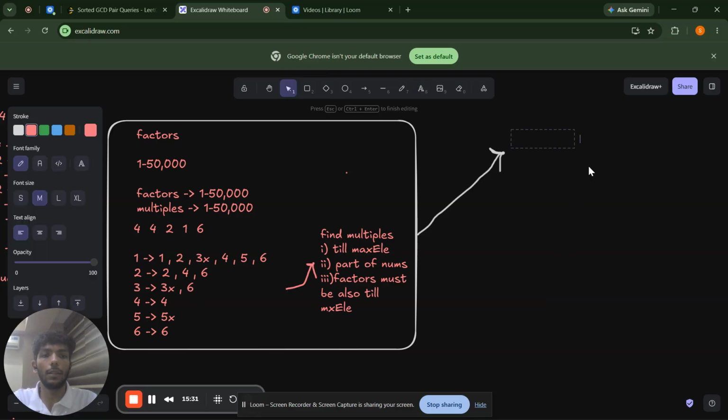So let's create one program to do this. For int i equals 1, i less than or equal to max element, i plus plus.